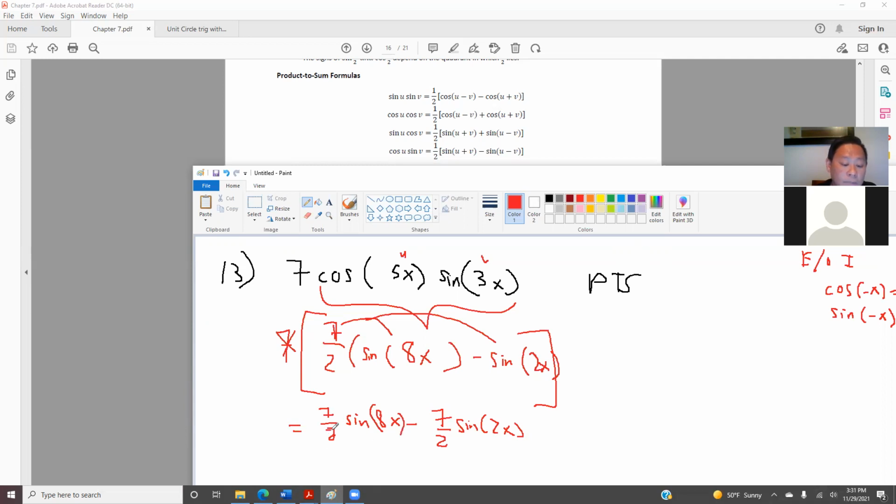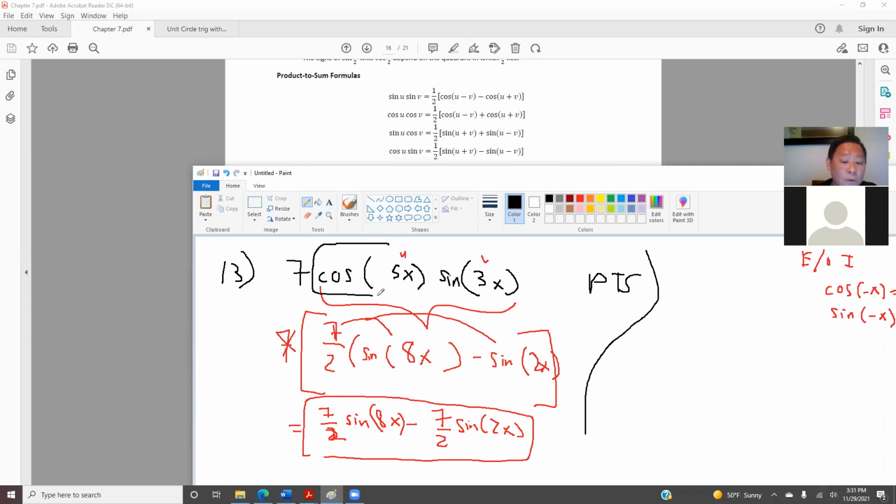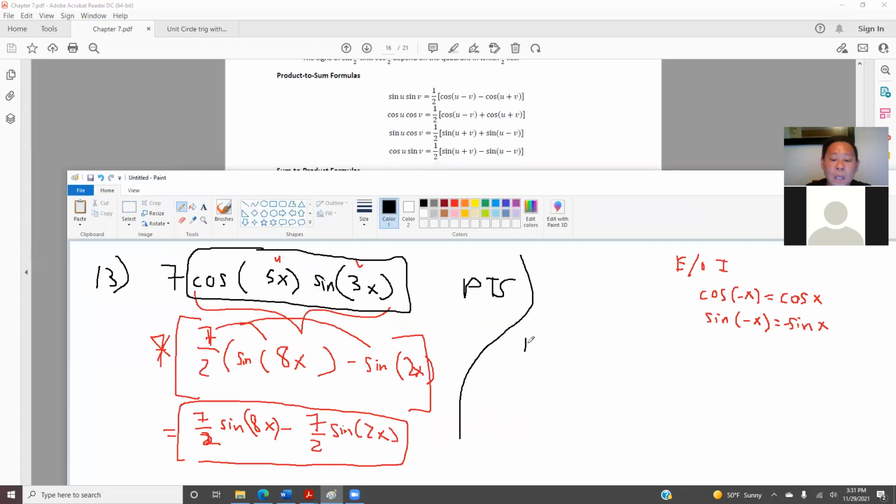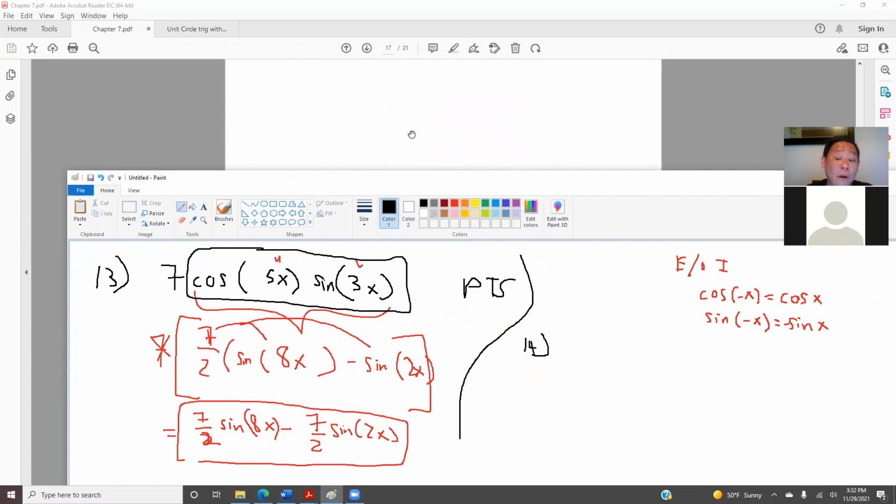And that's your answer. So it's very straightforward when you do the product to sum or sum to product. But make sure you know that you can only work with cosine and sine. The 7 that you have, whatever number in front you see here, is just a duplicate, or you just bring it down. So you just multiply it later on.